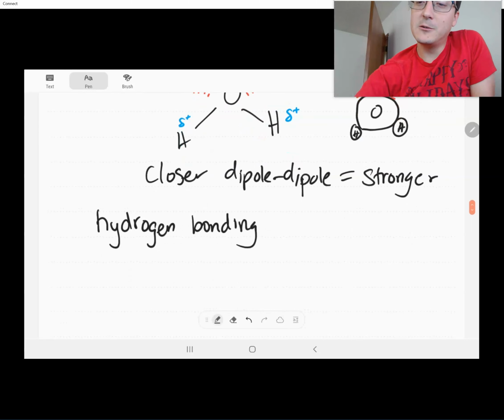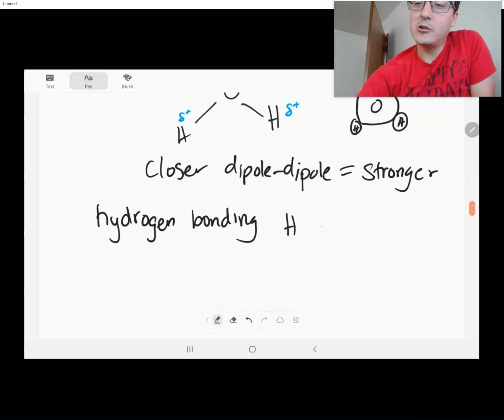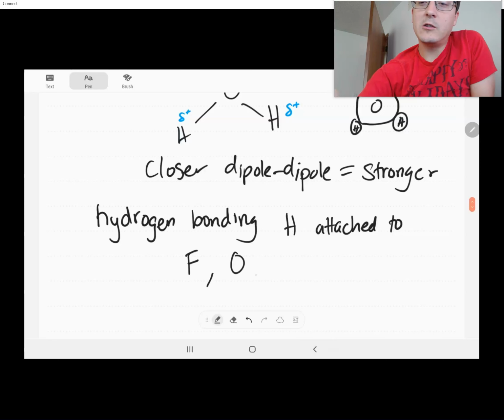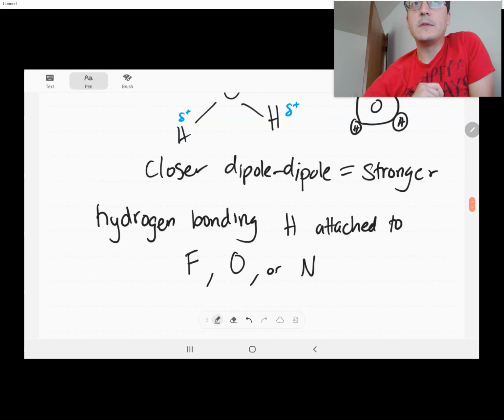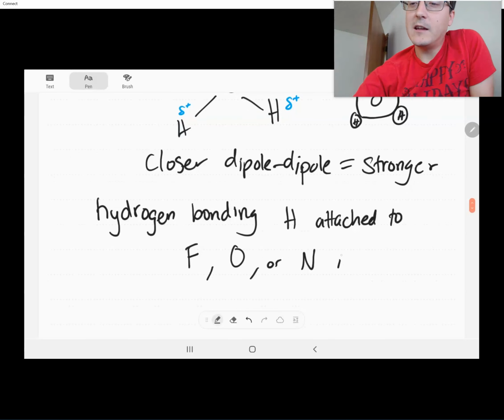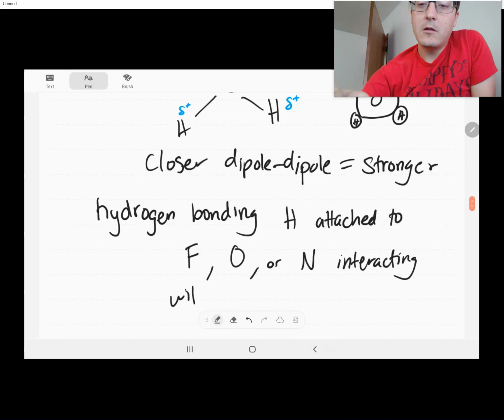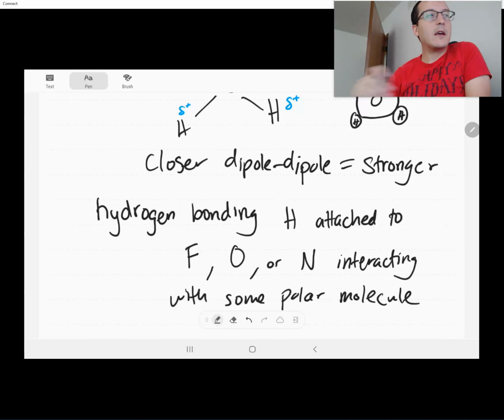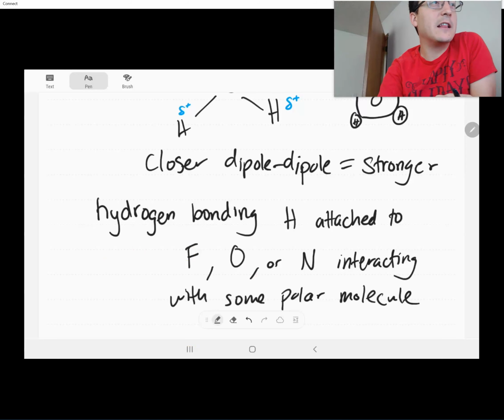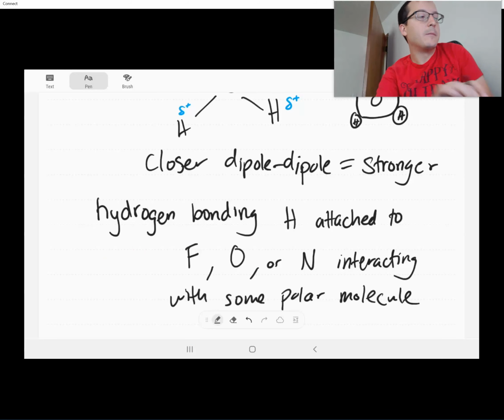And that is going to be an H attached to fluorine, oxygen, or nitrogen. Okay, and that'll be interacting with some polar molecule. Okay, so there are three particularly electronegative elements.